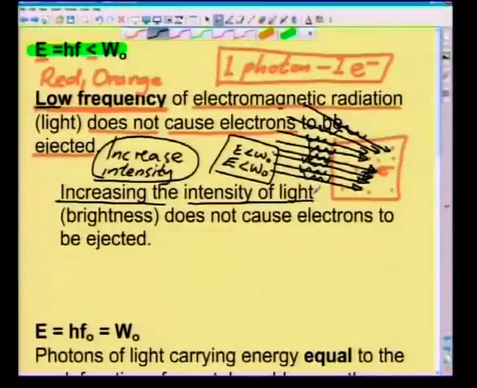Very interesting. You make your red light brighter, no electrons will be ejected. You make it dimmer, no electrons will be ejected. Because whether it is dim or high intensity, the photons of that light are carrying energy less than the work function. Very interesting and very important for you to know. So when you increase the intensity, which is its brightness, you don't cause electrons to be ejected. Nothing will happen there.